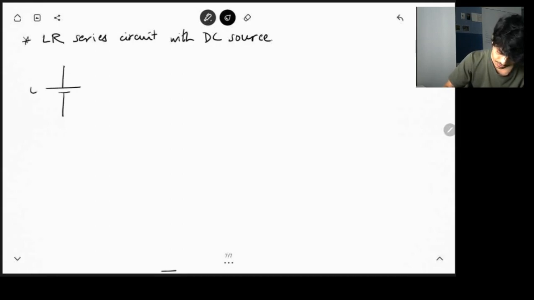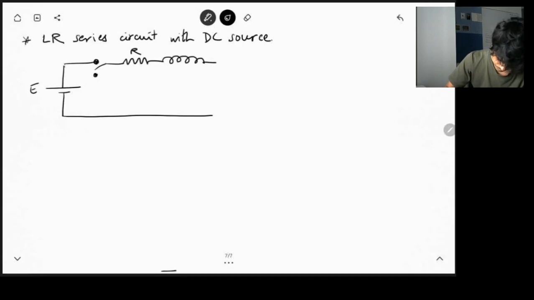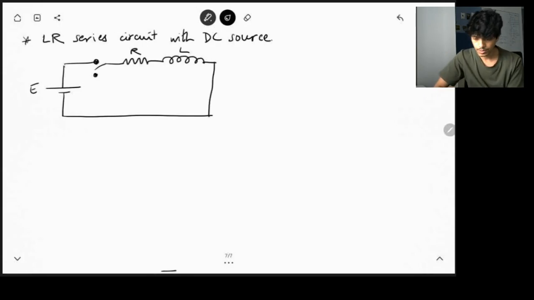Only thing is, instead of putting a capacitor, we are going to replace that with an inductor. So first a resistor, and then an inductor. So this is our LR series circuit with DC source.